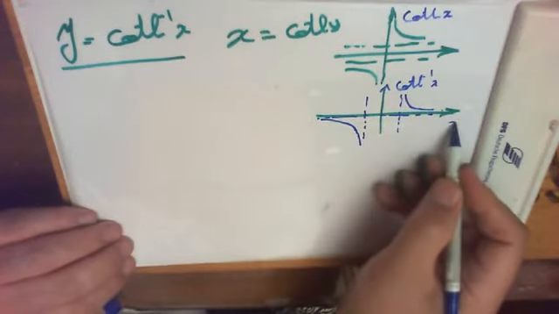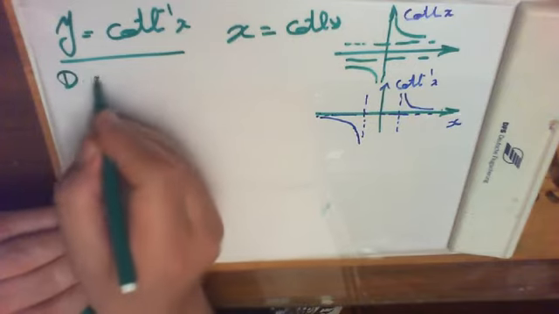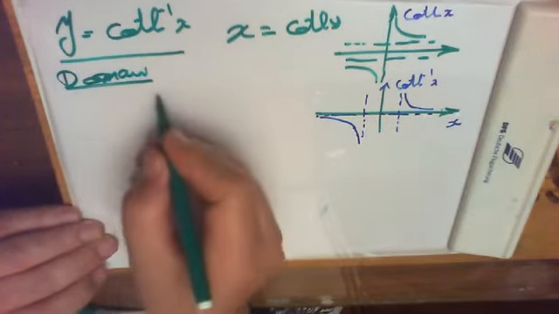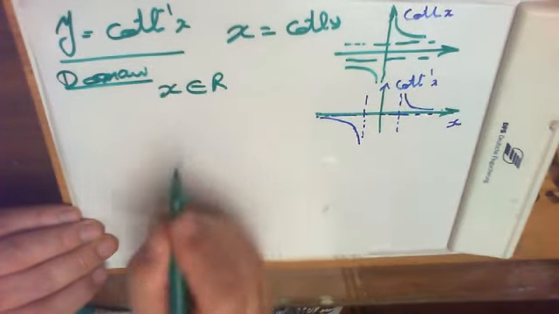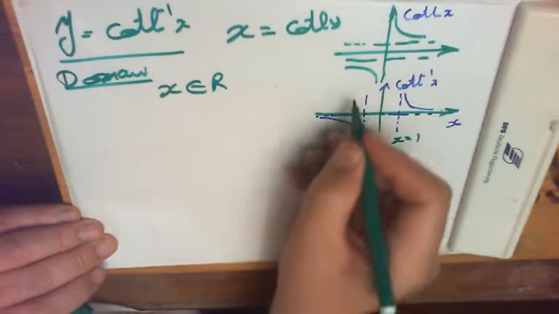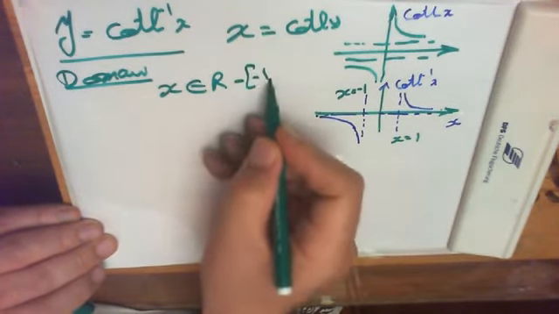As you see, domain: x belongs to R except the interval from x equals minus 1 to x equals 1. Minus 1 and 1.